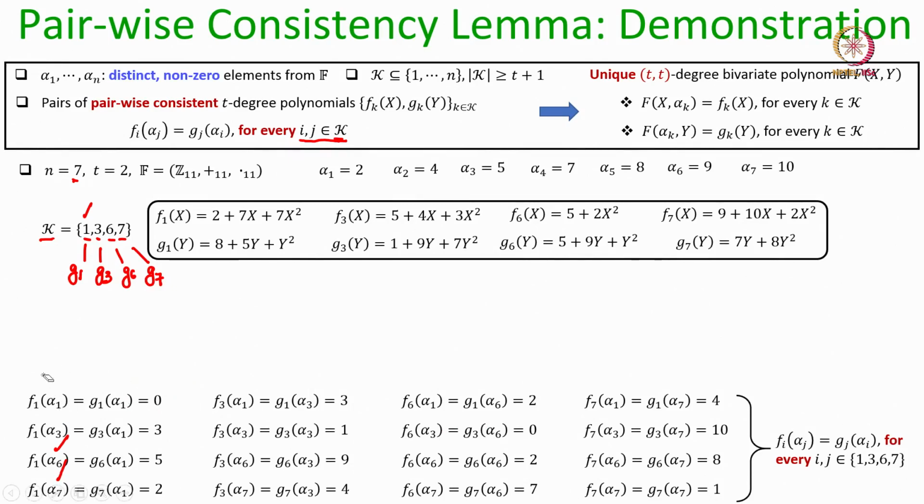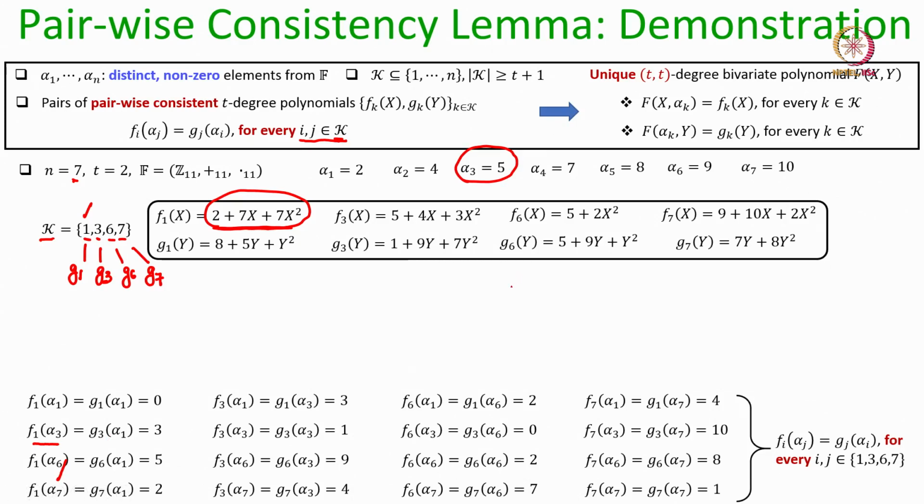So, for instance, if I take the first x polynomial and evaluate it at alpha 3, that is 5. That means this particular polynomial evaluated at alpha 5 is the same as the y univariate polynomial corresponding to the index 3.